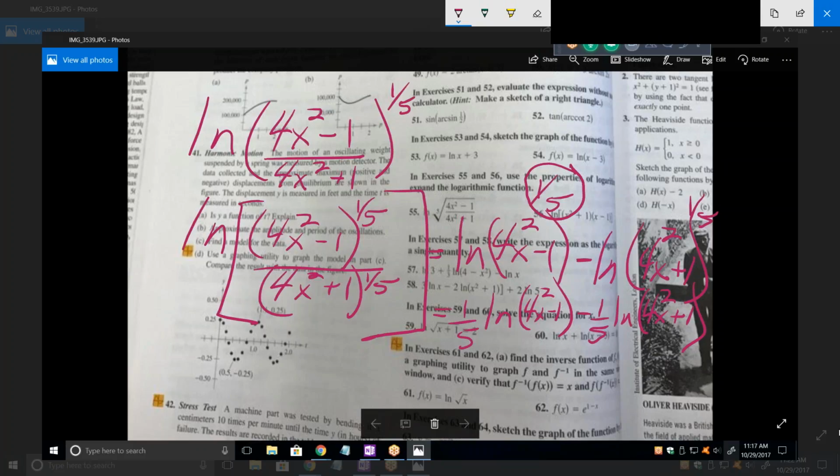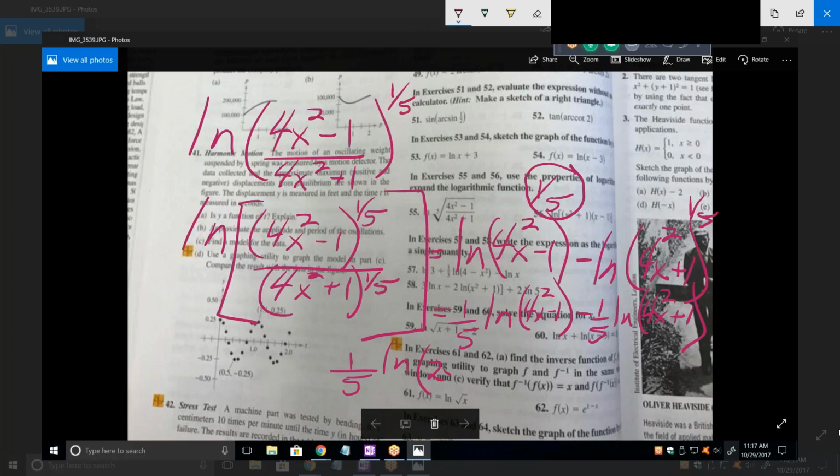There is one other thing I can do to simplify this totally, or to expand it a little bit more. I'm trying to figure out if I should do it. I think maybe I should. If I take this first term here, it's 1/5 natural log, and I've got the difference of perfect squares in there.